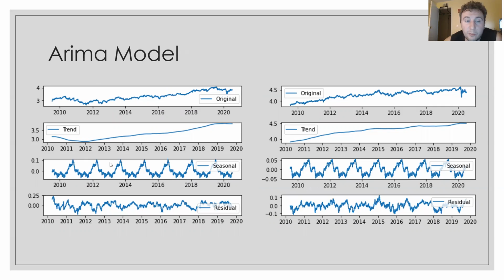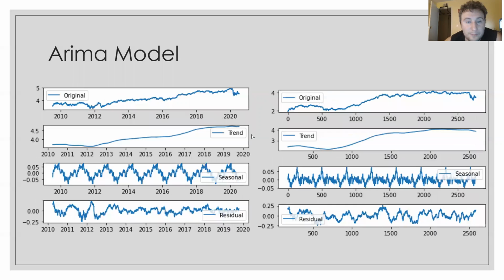We break down all of the data here into trend, seasonal, and residual data, and we base that off of the original data. And so we can see in some of these models that there probably is some seasonality year over year. And so we would use the S-ARIMA model.